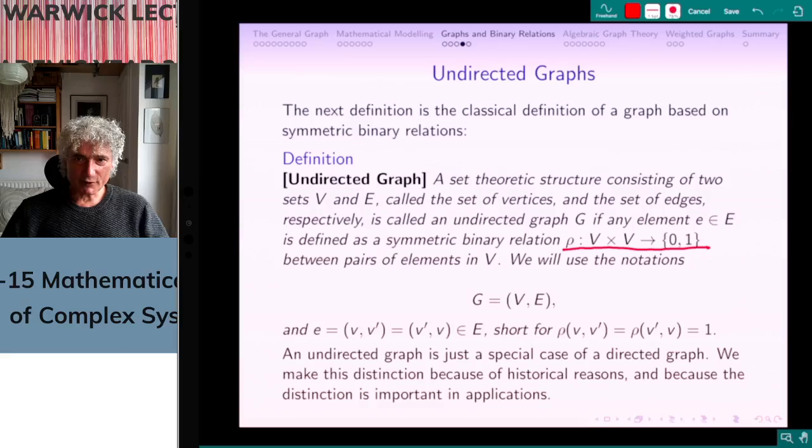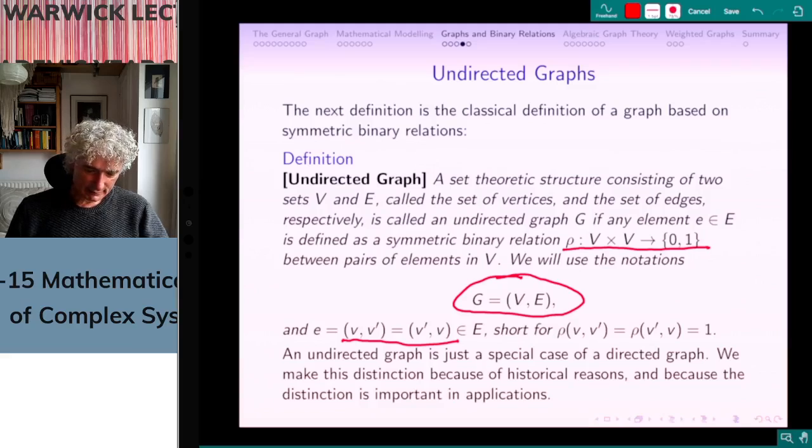Because now all the two-tuples, taking arbitrary pairs of vertices from the vertex set, are equal, you can completely describe a graph with this shorter notation, where G, sorry, there is a G missing here, is only a graph that has two sets, the set of vertices and the set of edges.